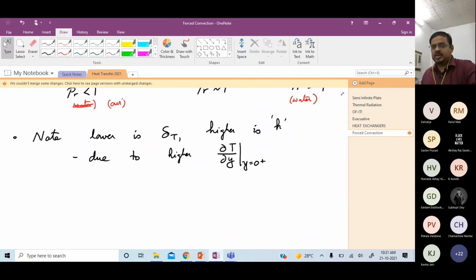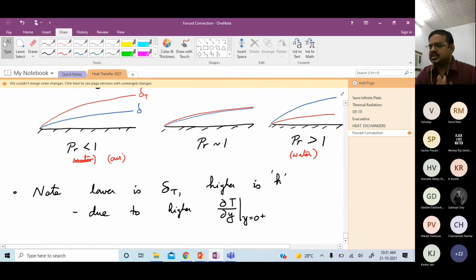Some important concepts here, especially the correlations. Yes, there are correlations for various flows, various geometries, etc. Those are all given. But please convince yourselves that you understand and can visualize the existence of this thermal boundary layer and how that is the thermal resistance, a resistive layer that prevents the transfer of heat from the plate to the fluid, and therefore the lower that layer thickness, the higher is the heat transfer rate.